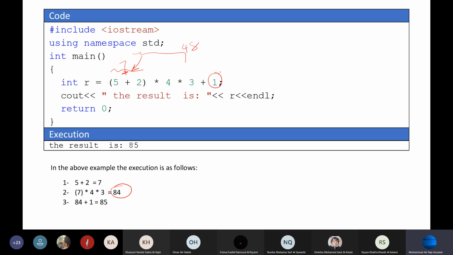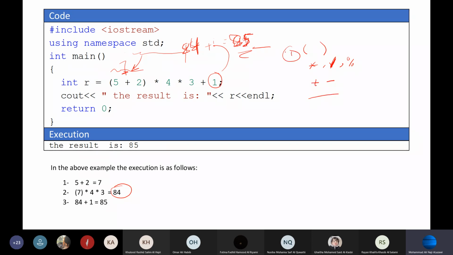Then I'll add the last one plus 1 equals 85. Okay, so remember that first the parentheses, second multiplication, division, and mod operation, and finally plus and minus.